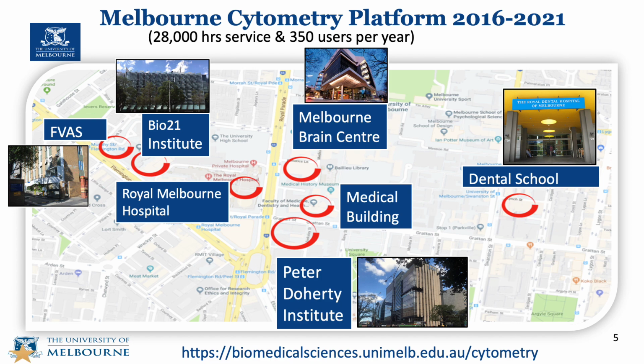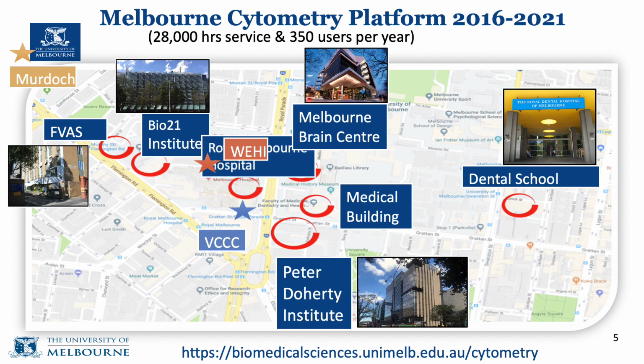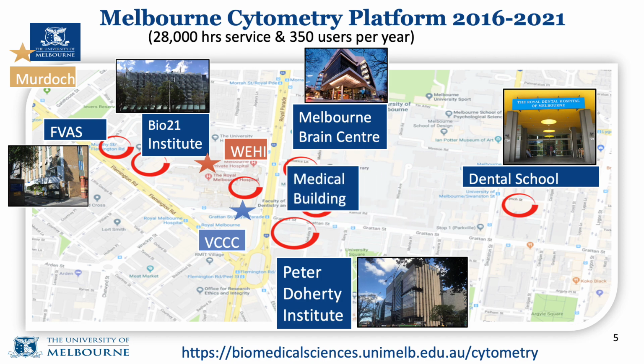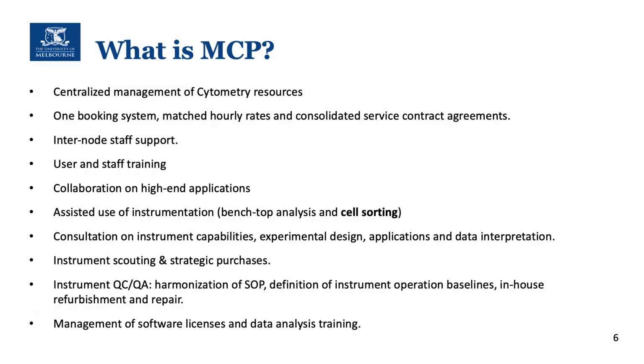And over the years, the nodes have been changing dynamically, so some nodes have been absorbed by other nodes. Last year, with the fusion of pharmacology and biochemistry departments, we now have a bigger node in Bio21 with 3 instruments, but essentially it's a dynamic platform.